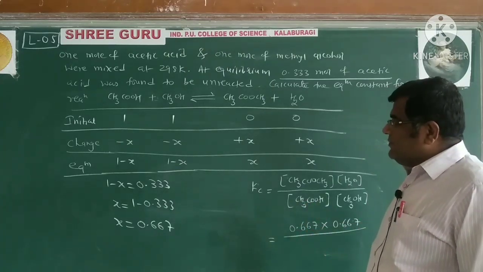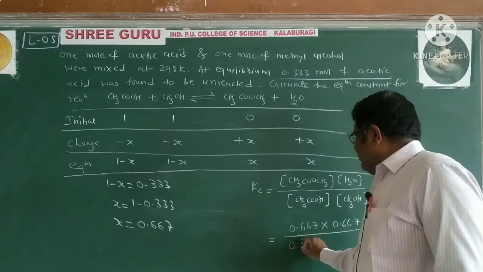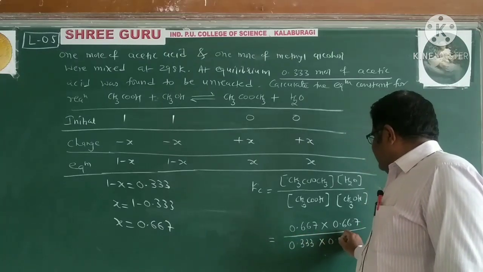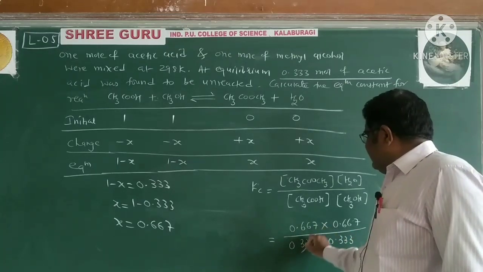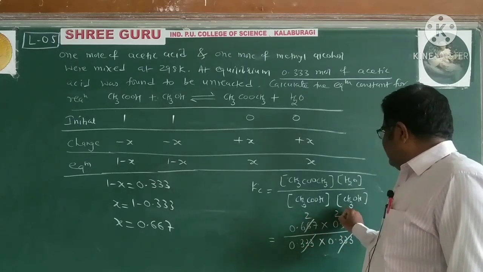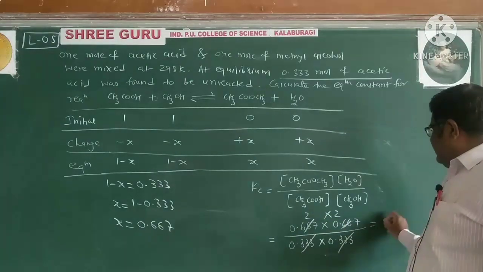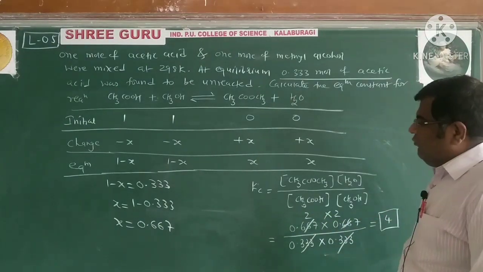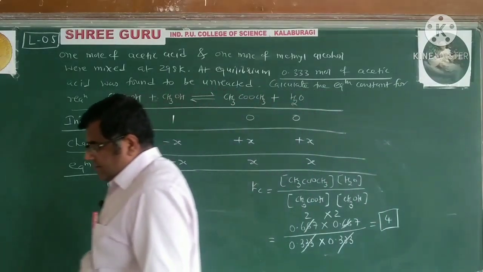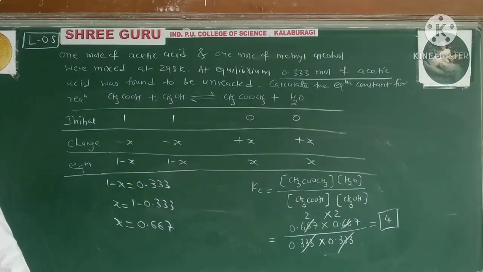This is 1 minus x, which is given as 0.333, and this also 0.333. Roughly it is 2 times 2, it becomes 4. That is the correct answer here for the equilibrium constant. Right, see this question, write the calculation part correctly, not at all difficult here.